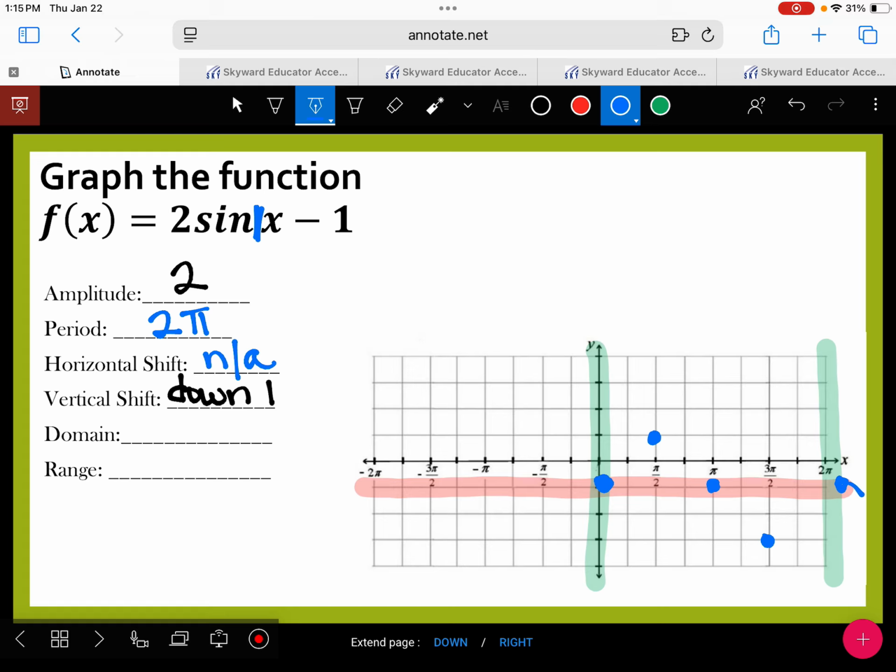So your wave looks like this. Now the hardest part is figuring out what goes on the left. I want you to try to finish out the left. I'm going to come around and see. You have to figure out, based off the pattern, where you are going next. It should look like a nice wave.